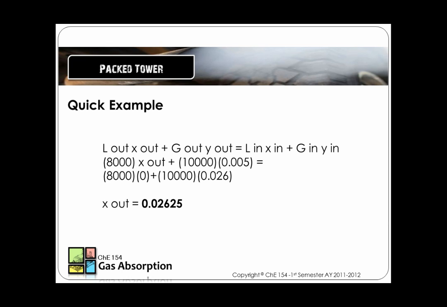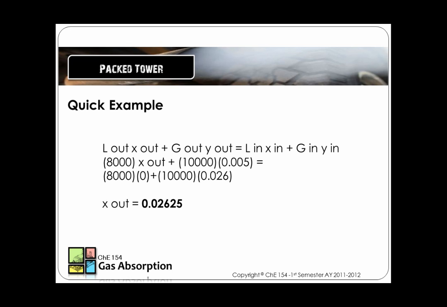As specified in the problem, L in equals 8,000 moles per hour, L out equals 8,000 moles per hour, G in equals 10,000 moles per hour, G out equals 10,000 moles per hour, X in equals 0, Y in equals 2.8 mole percent, Y out equals 0.05 mole percent. The missing information for this problem is X out.